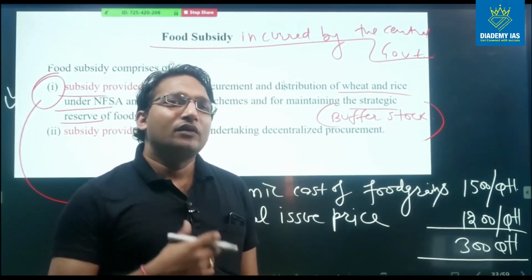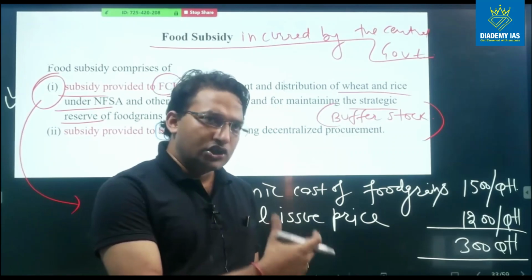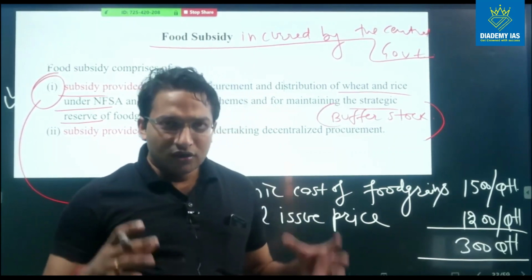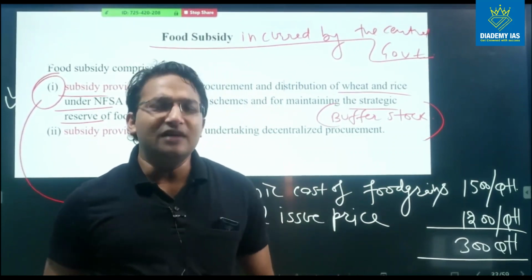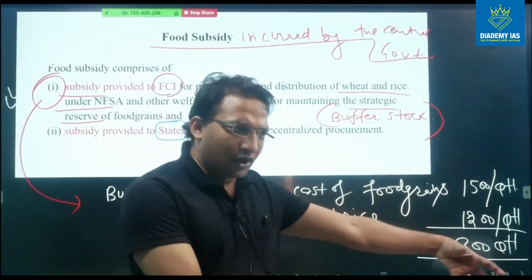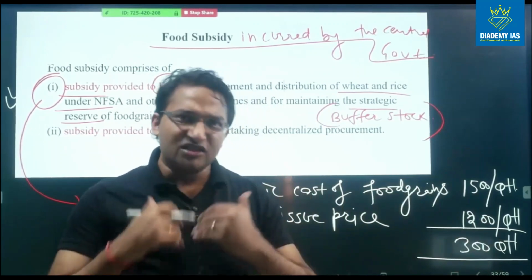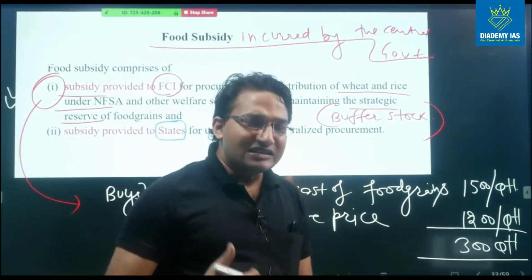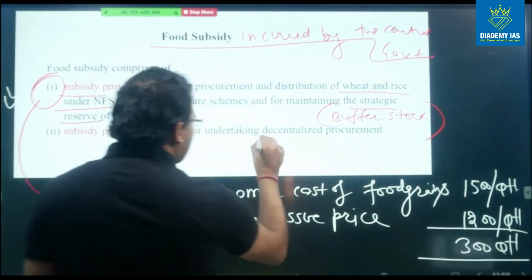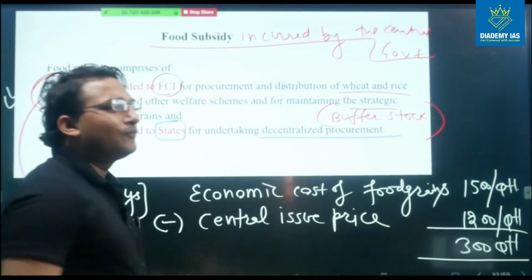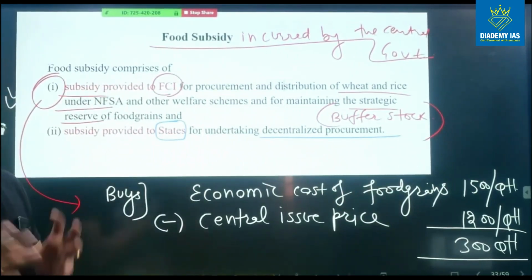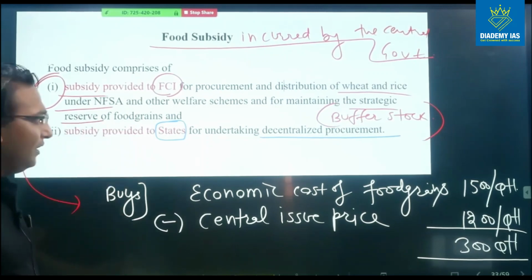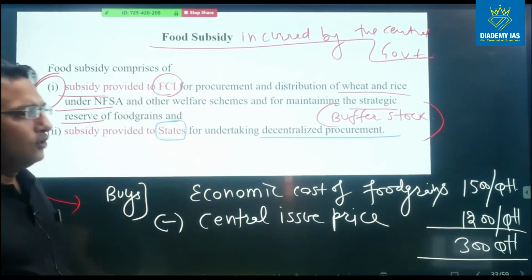FCI does not need to store in the godown or incur the transportation cost. So the cost of storage and transportation can be saved. The state government can procure from the local area and distribute in its fair price shops directly. That way decentralized procurement reduces the cost as well as the timeline of the entire process. In that case, the subsidy can also be provided to the state government. So this is also part of the food subsidy.